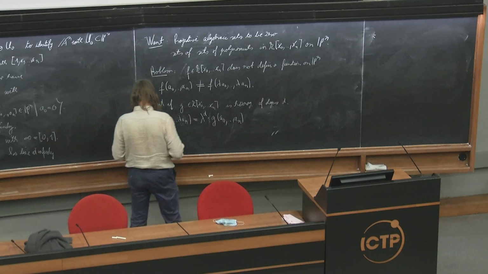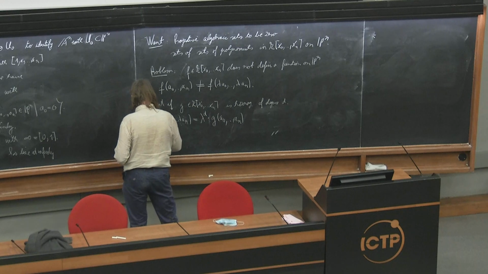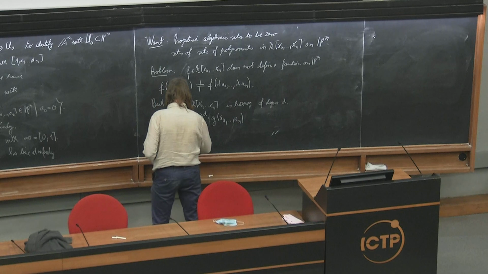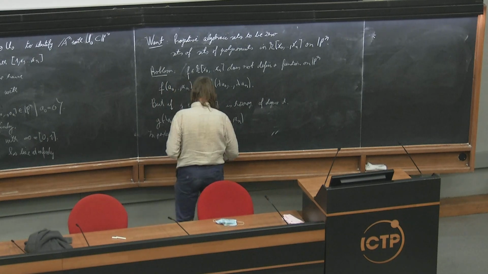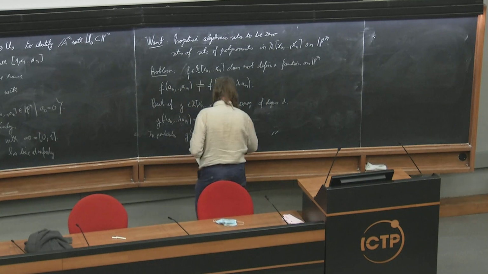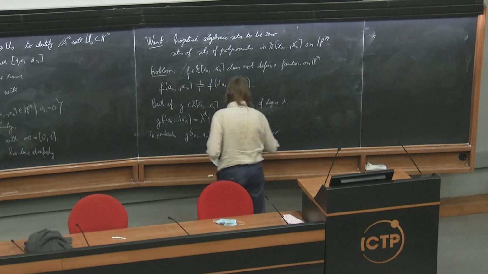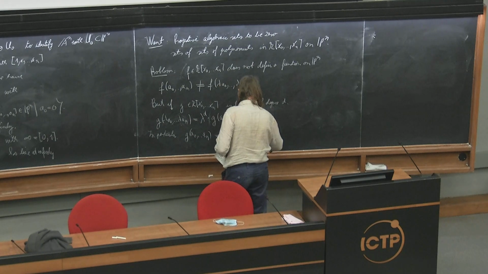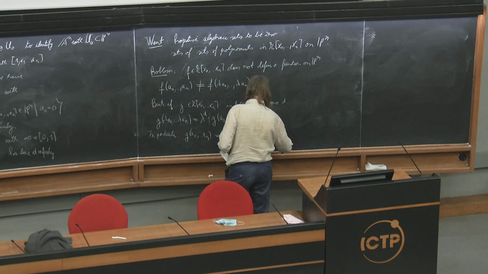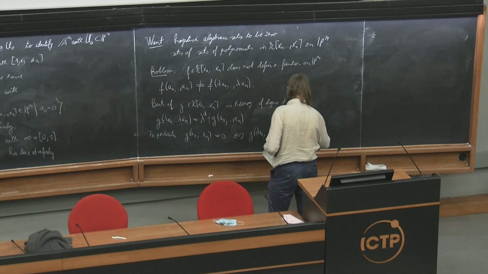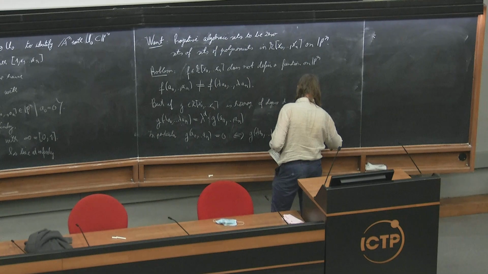So in particular, we have G of A0 to AN is equal to 0 if and only if G of lambda A0 to lambda AN is equal to 0 for all lambda in K without 0.